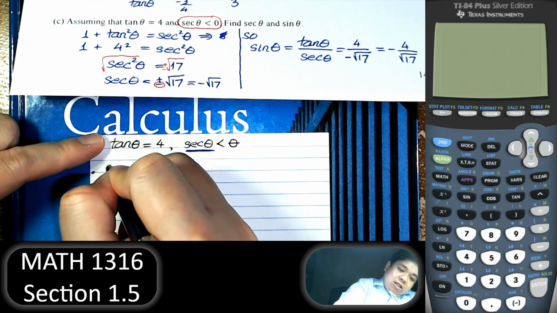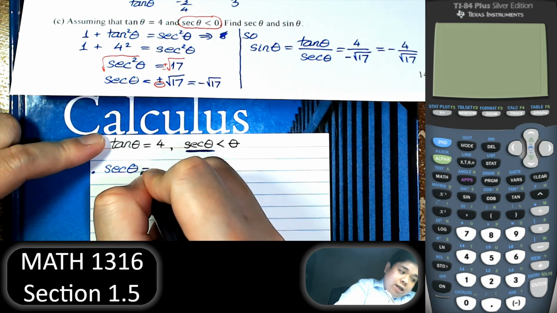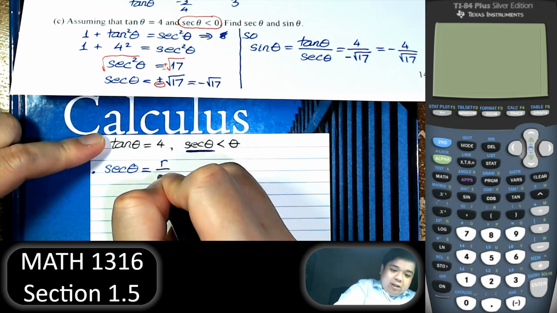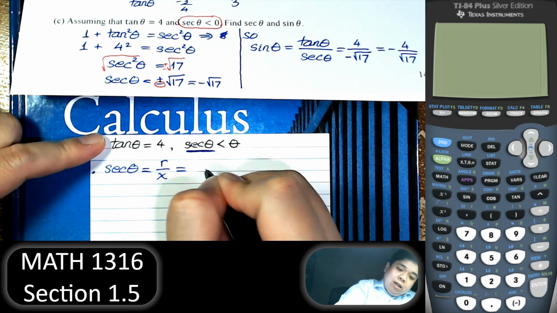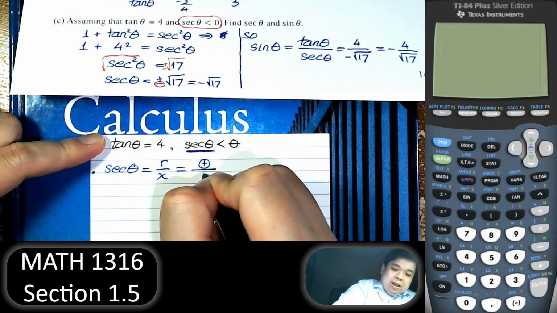So first, secant is r over x. We know for sure r is always positive. X we don't know.